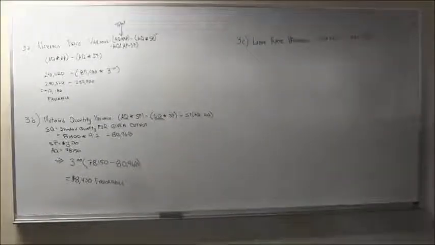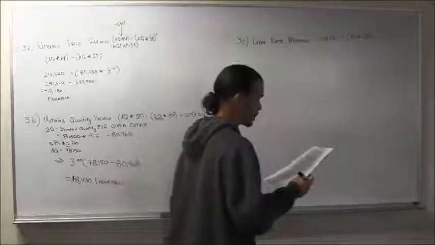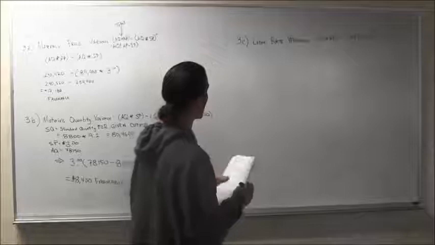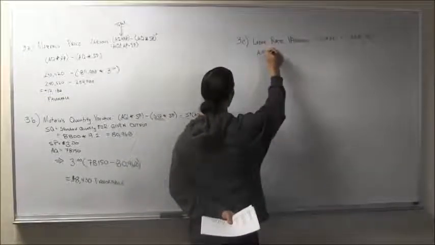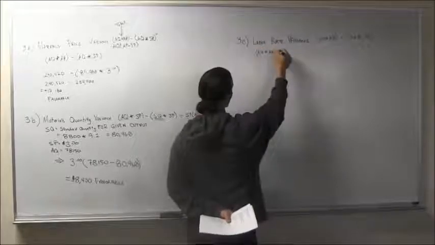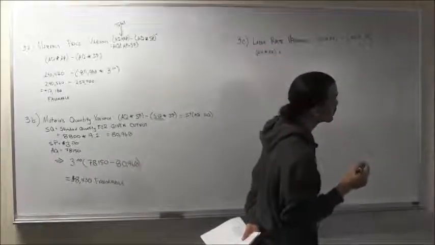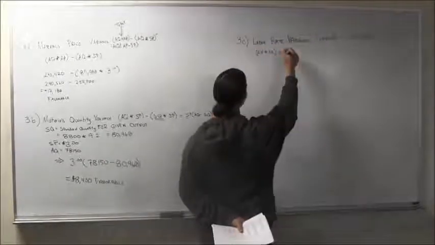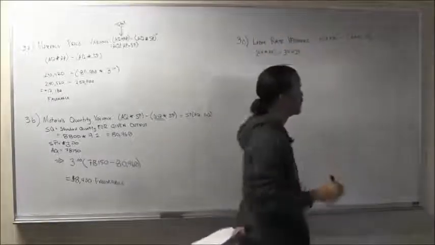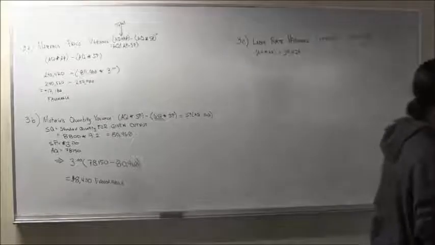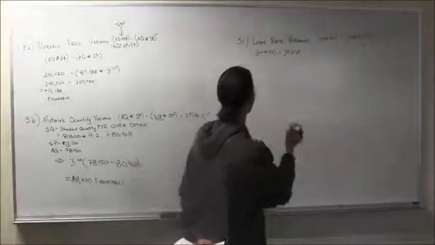It should tell you actual direct labor cost is $39,424, right? And then they tell you the actual direct labor hours, 2,560.